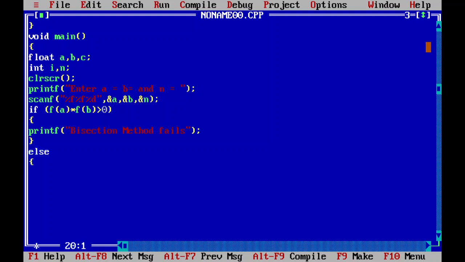next we want to determine the value of c, and since we want to move our iteration up to n, first define i = 1, then while i is less than or equal to n, find the value of c, which is equal to (a + b)/2.